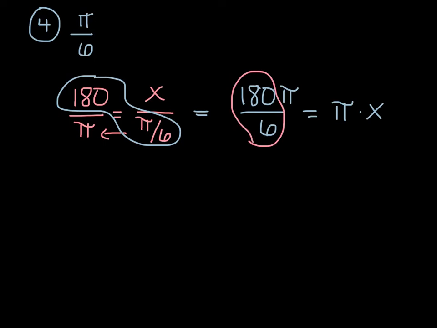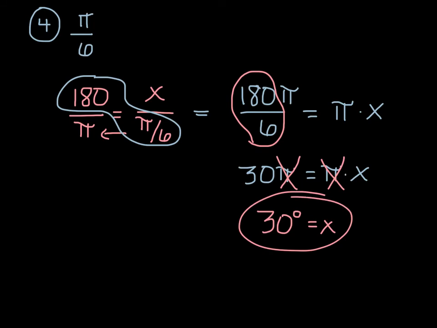Okay, so here I get 30 pi, because 180 divided by 6 is 30, so 30 pi equals pi times x. And then in this one, I can just cross off my pi's, and I get 30 degrees for my x value. And that's my answer. Pi over 6 is equivalent to 30 degrees.